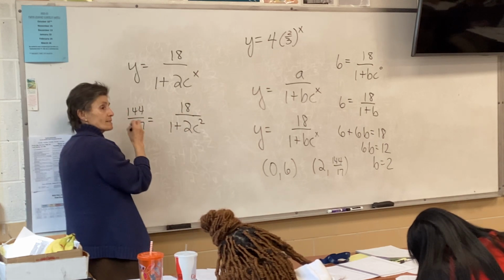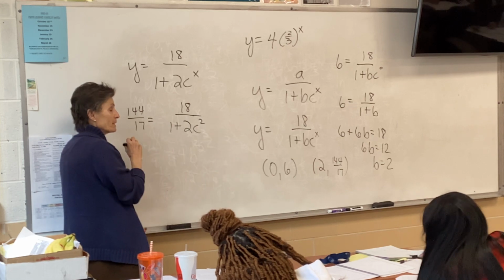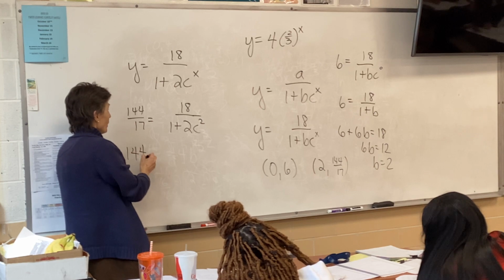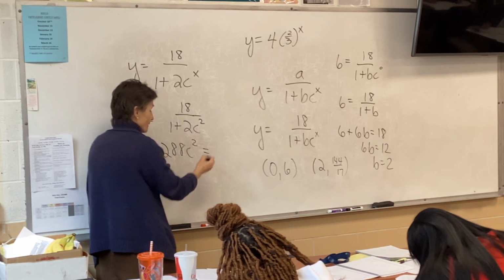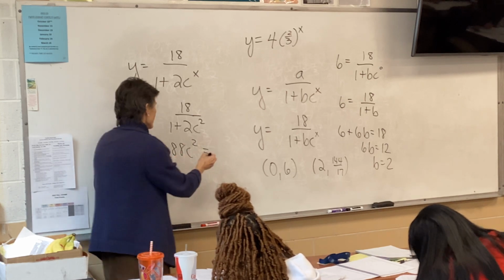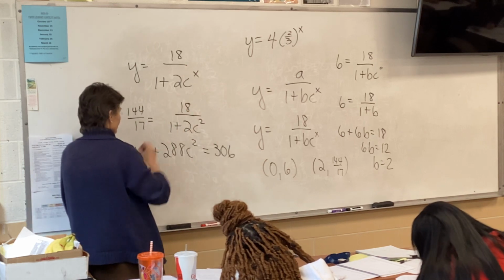Now this looks a lot like one we did earlier from your quiz and from that recap sheet. I'm going to go ahead and cross multiply. So 144 plus 288c squared equals, what's 18 times 17? 306. So I just cross multiplied.